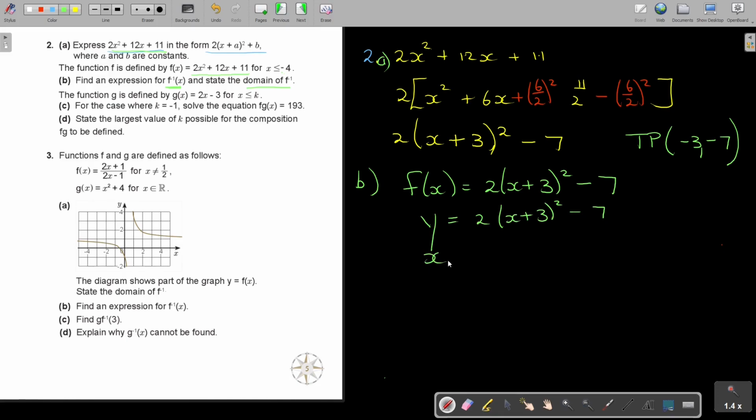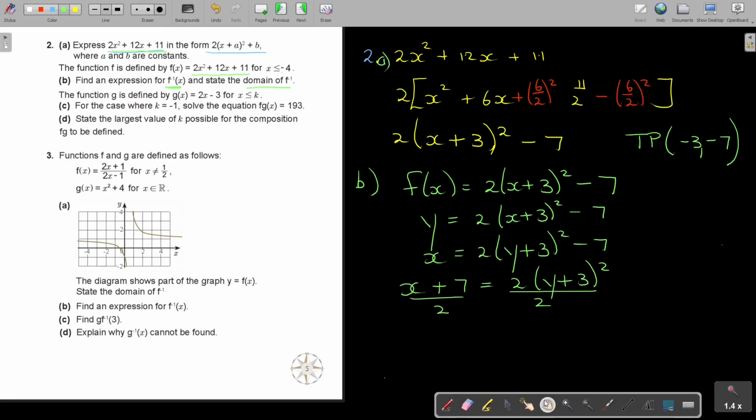Change that x to a y, change the y to an x. Okay, then take it over. So x plus 7 equals 2(y plus 3) squared. I divide by 2, I divide by 2.